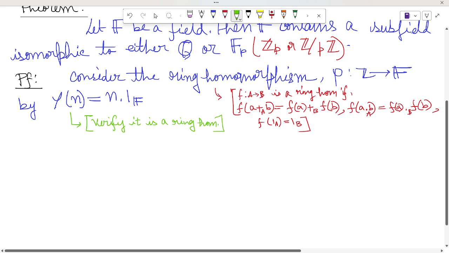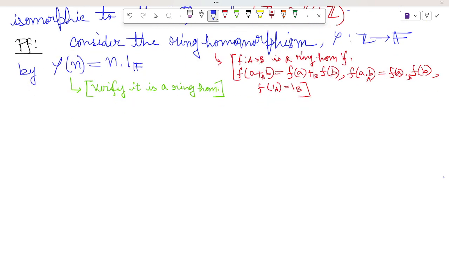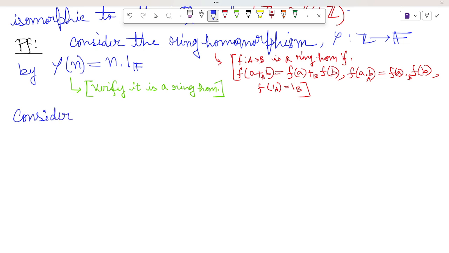Obviously fields are rings, so you can say this is a ring homomorphism. Okay, let me write this properly. It is phi. So this map has a kernel here. What is the kernel? Consider the kernel of phi.